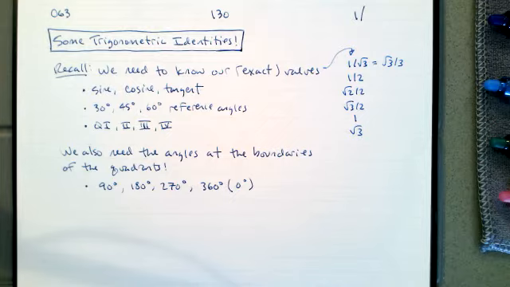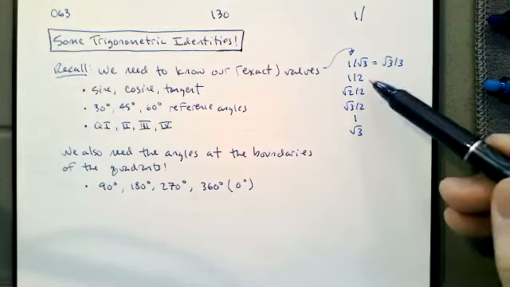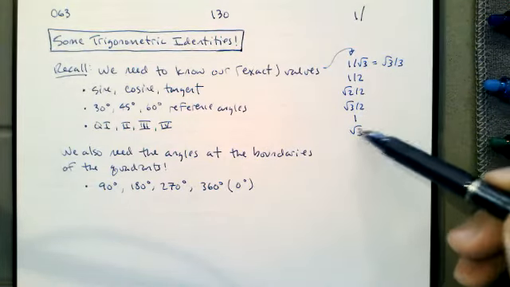We spent a lot of time building up a knowledge base where we need to know our exact values. That is the sine, cosine, and tangent of 30, 45, and 60-degree reference angles in quadrant 1, quadrant 2, quadrant 3, and quadrant 4. We need to know that these three reference angles, when paired with sine, cosine, and tangent, will give us numbers like root 3 over 3, 1/2, root 2 over 2, root 3 over 2, 1, and root 3.